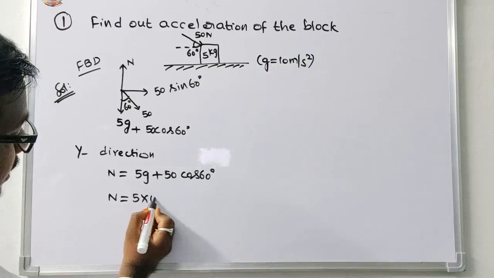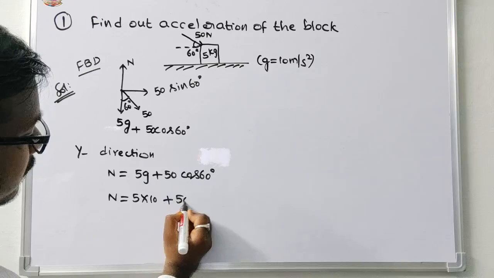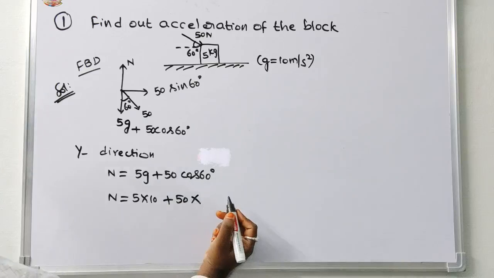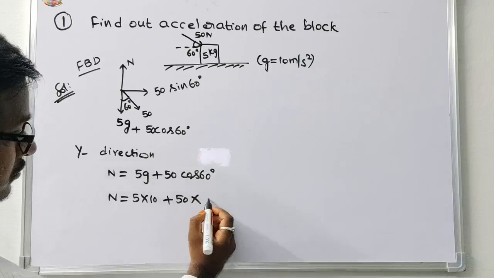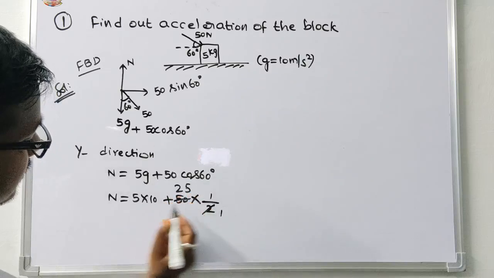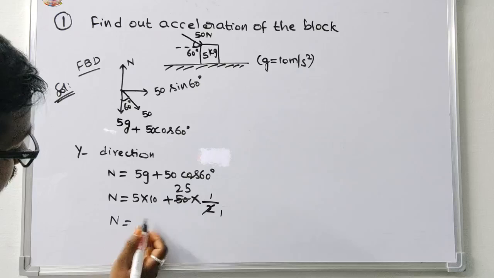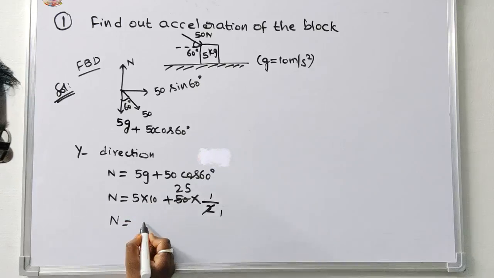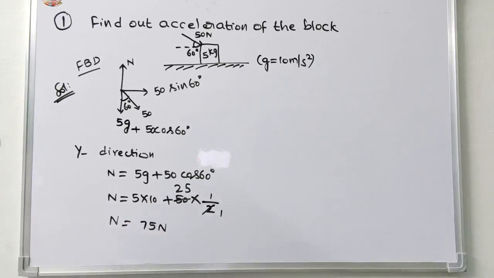N is equal to 5 into 10 plus 50 into cos 60. Cos 60 is 1 by 2, so 50 into 1 by 2 is 25. 5 into 10 is 50, plus 25, that is 75 Newton. The normal force is equal to 75 Newton.